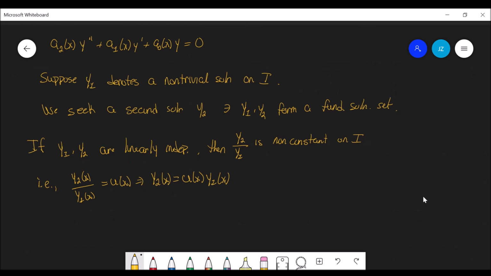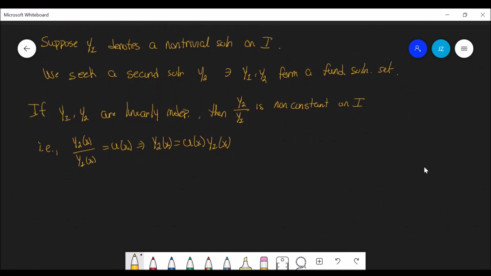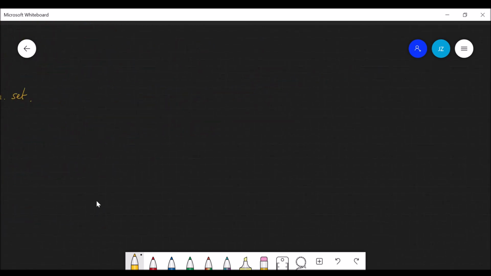So this method is known as the reduction of order because it transforms the linear second order into a linear first order. Let's look at this more in depth.